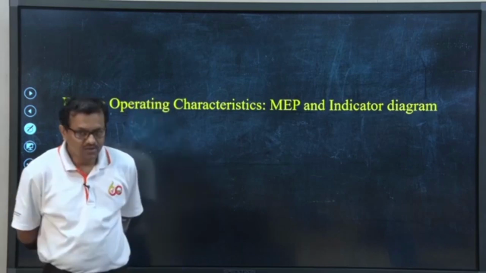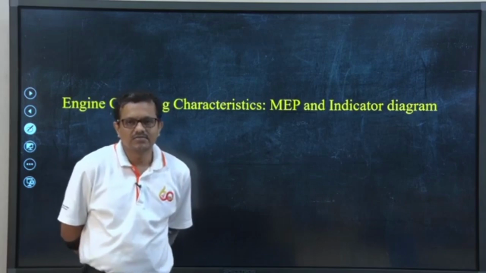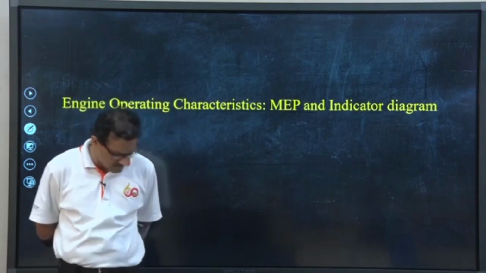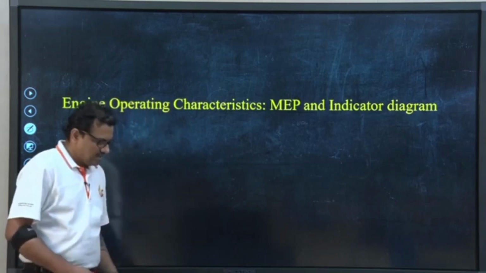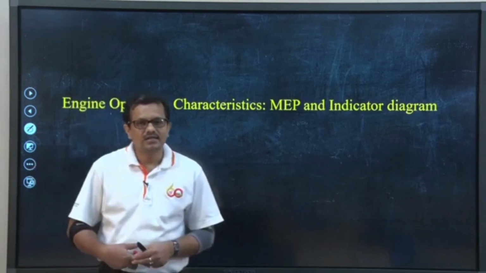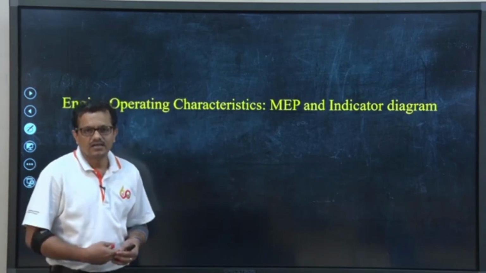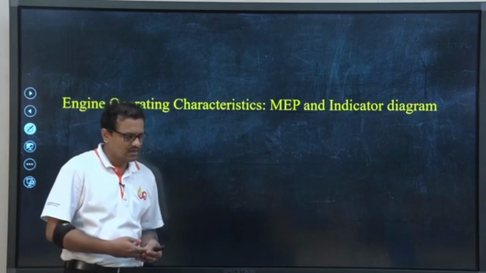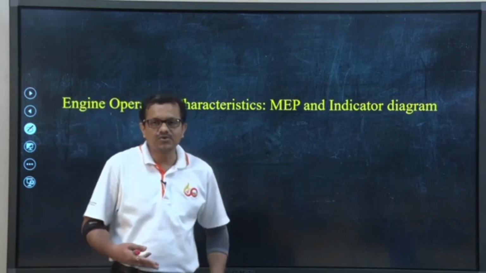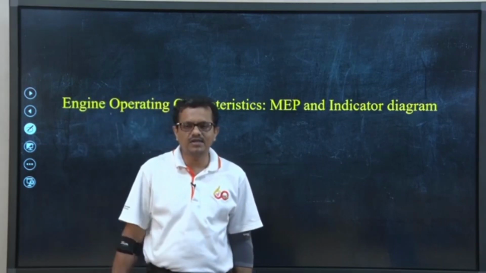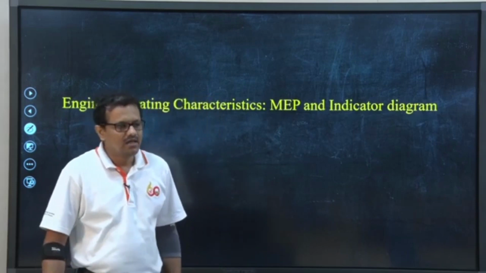indicator diagram. We were discussing the carburetor in the last few classes, and we have seen that for an internal combustion engine or any heat engine, when we design it, the sole purpose is to get work output. To get that work output, particularly for the spark ignition engine, the carburetor is an important element.